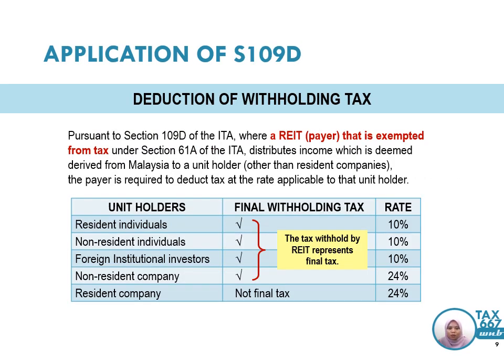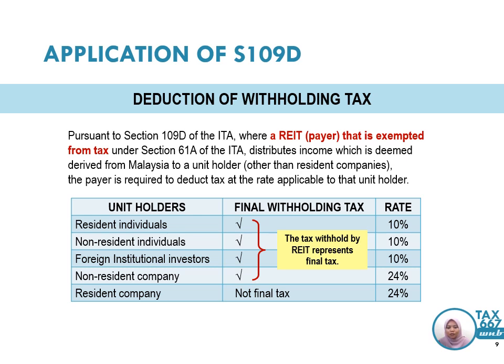Okay, this one is the continuation of exemption tadi tu. Kalau listed REITs dapat exemptions under section 61A, dia kena apply section 109D. So this section is actually refer to deduction of withholding tax. Kalau you masih ingat, withholding tax adalah tax yang company tolong withhold, tolong pegangkan on behalf of non-resident individual.